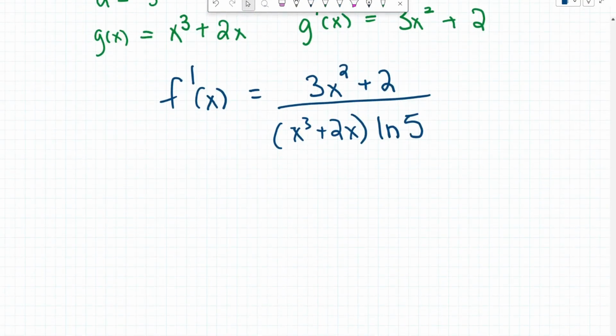And there you have it. Now you've learned how to take the derivative of log functions that have an arbitrary base and are also composite functions. Good for you. You did a great job today.